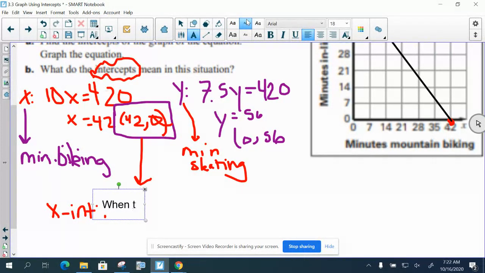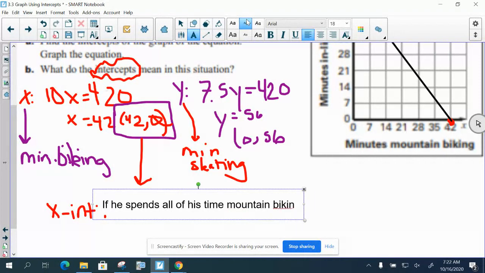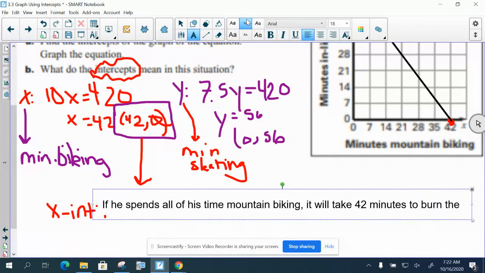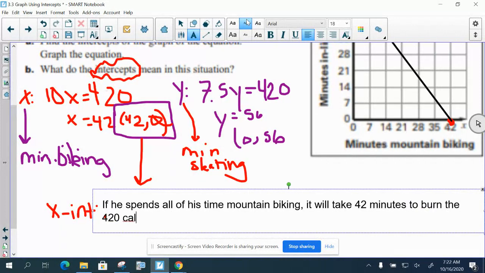So we'll just say, if he, which is the man in the problem, spends all of his time mountain biking, it will take 42 minutes to burn the 420 calories.